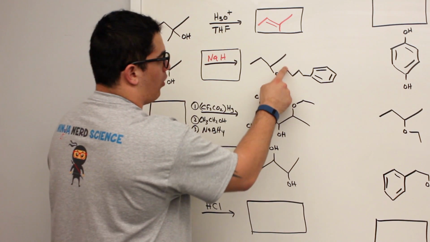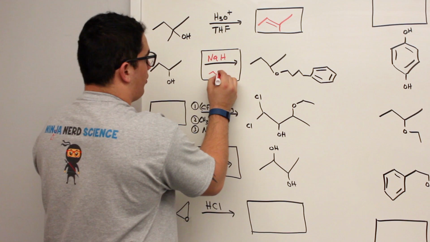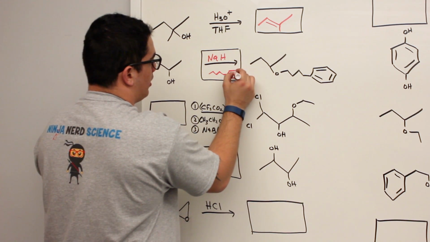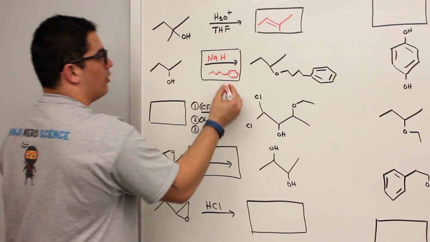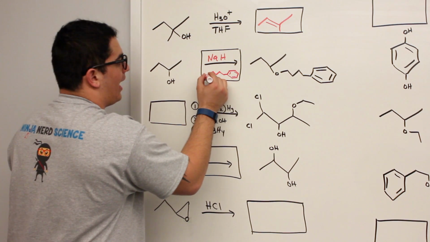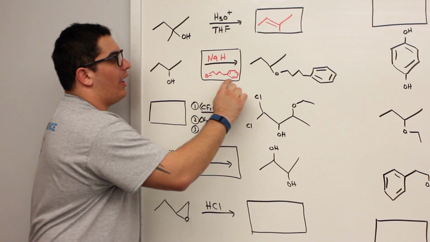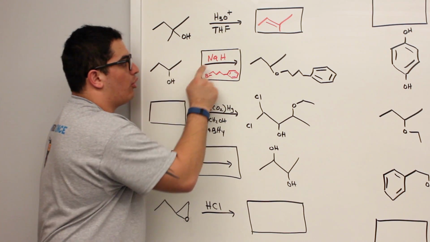So I'd have 1, 2, 3, 4, and then I'd have my benzene right there. Let me draw that. 1, 2, 3, 4, and then right down here, I'd have my bromine. So here's my alkyl halide.